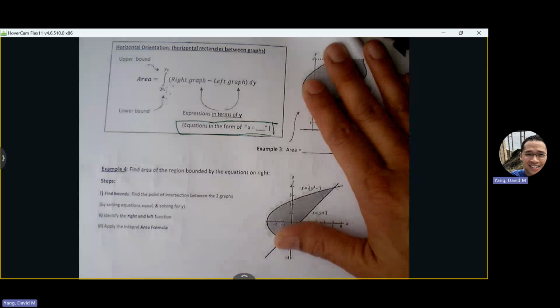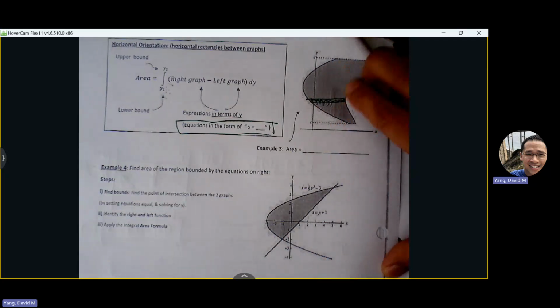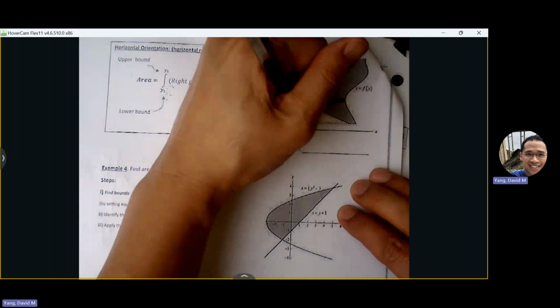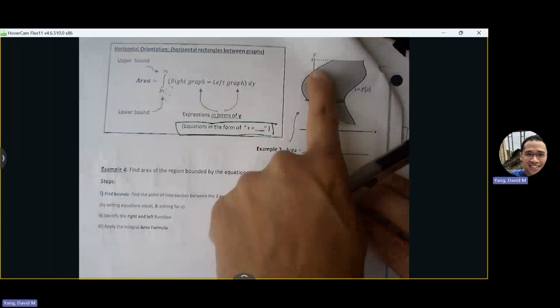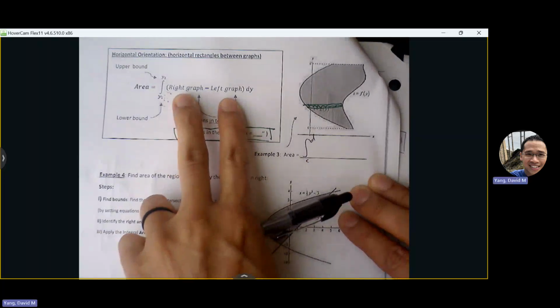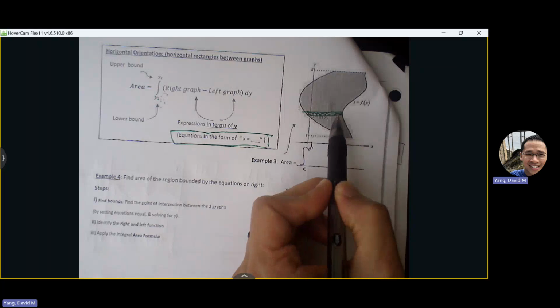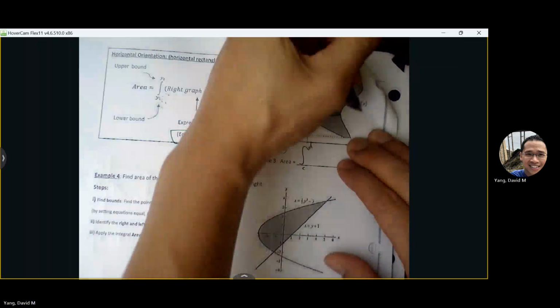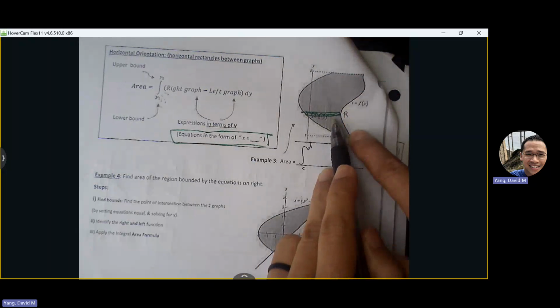So example 3, if I want to find the area of this shaded region that I see above, I'll say the definite integral from lower bound to upper bound. My lower y value is c, my upper y value is d. And then instead of top minus bottom, we do right minus left. So here is a horizontal representative rectangle. My right endpoint of my rectangle is sitting on f of y.